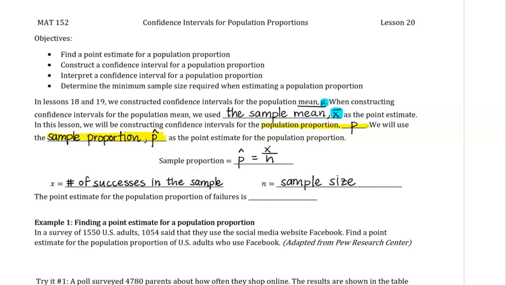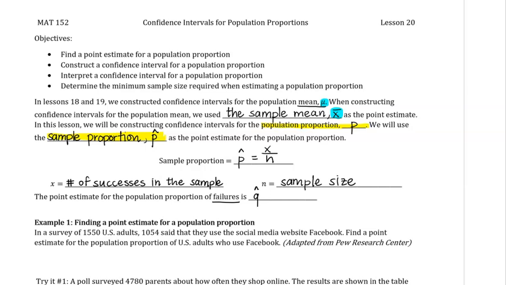So we've talked about how P hat, the sample proportion, gives us an estimate for the percentage of successes in the sample, or the percentage of people that smoke cigarettes, for example. The point estimate for the population proportion of failures, so the percentage of people that do not smoke cigarettes, is denoted as Q hat.